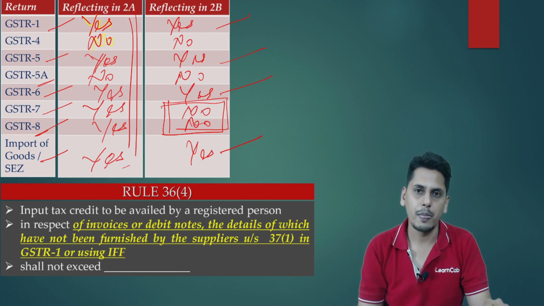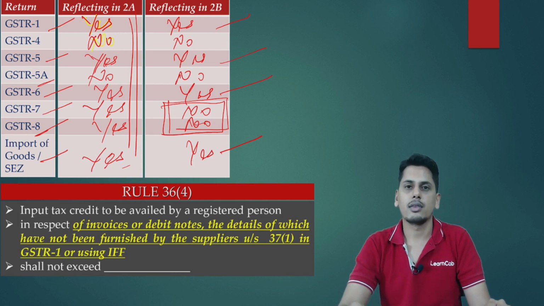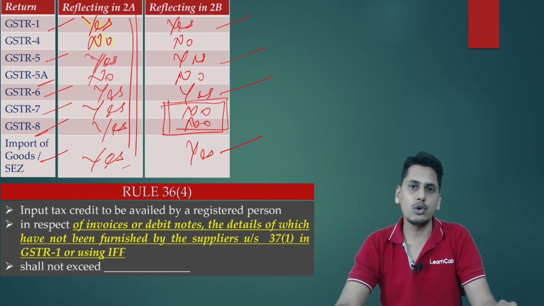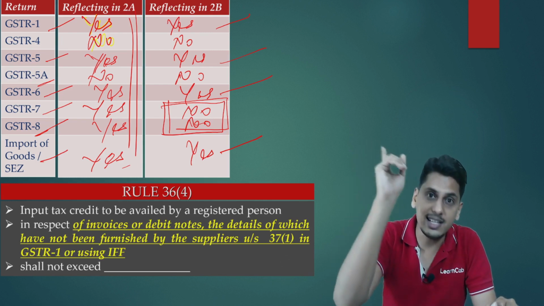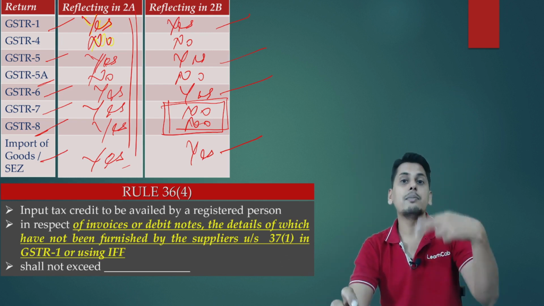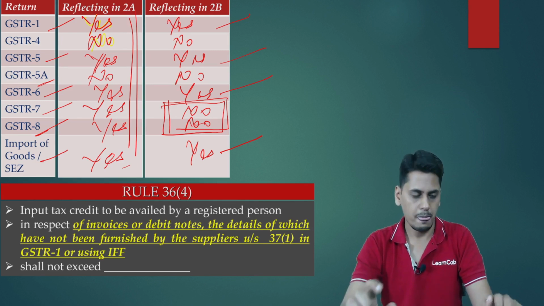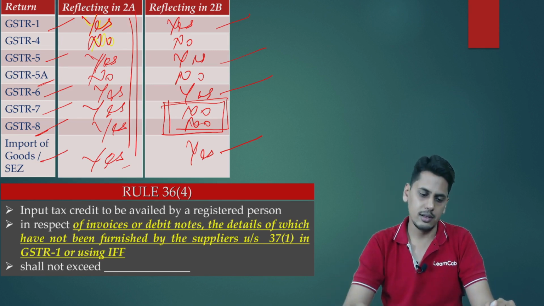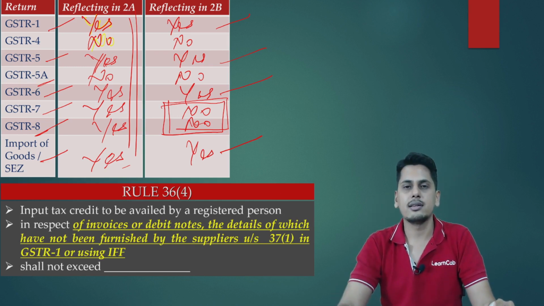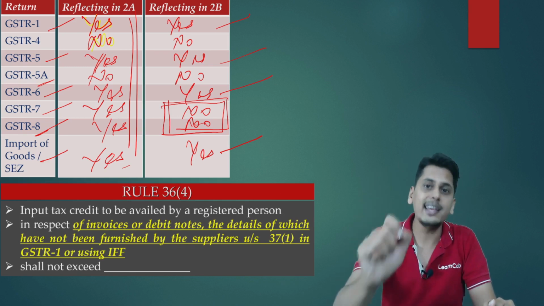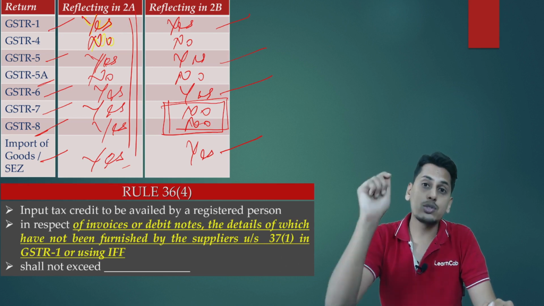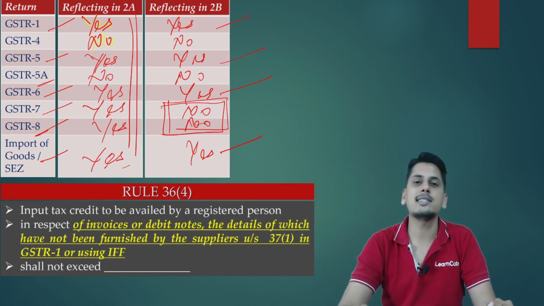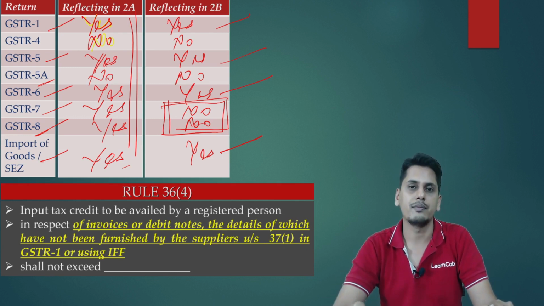Question number 2. A particular invoice is not reflecting in GSTR-2B, the source of which is GSTR-5, which means the supplier is a non-resident taxable person. Can I take input tax credit? Question number 3. A particular invoice is not reflecting in my GSTR-2B, the source of which is GSTR-6, which means this invoice I have received from an input service distributor.